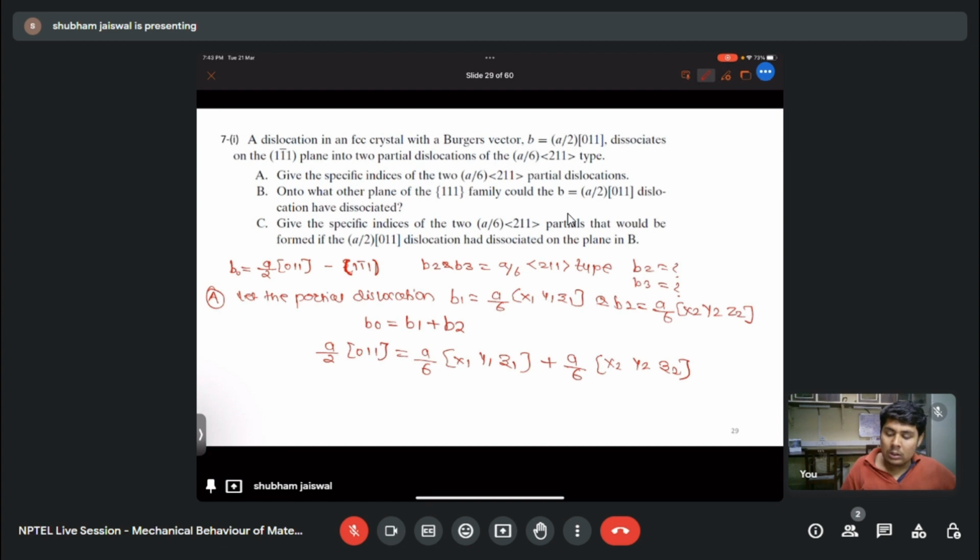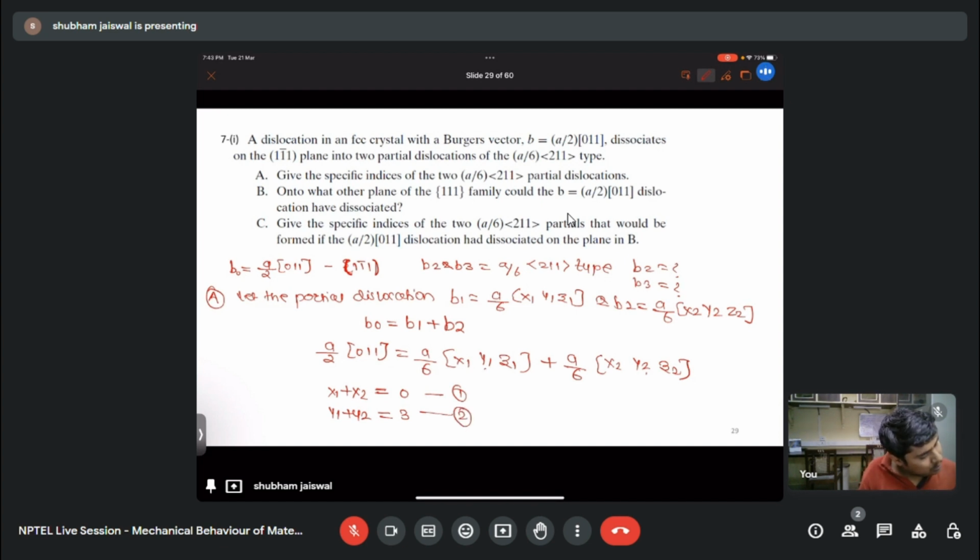Now if we solve, what do we get? x1 plus x2 equal to 0. Let's say this is our equation 1. Here y1 plus y2 should be equal to a by 2. Since a by 6 is there, it goes to that side and it becomes 3. So y1 plus y2 equal to 3.